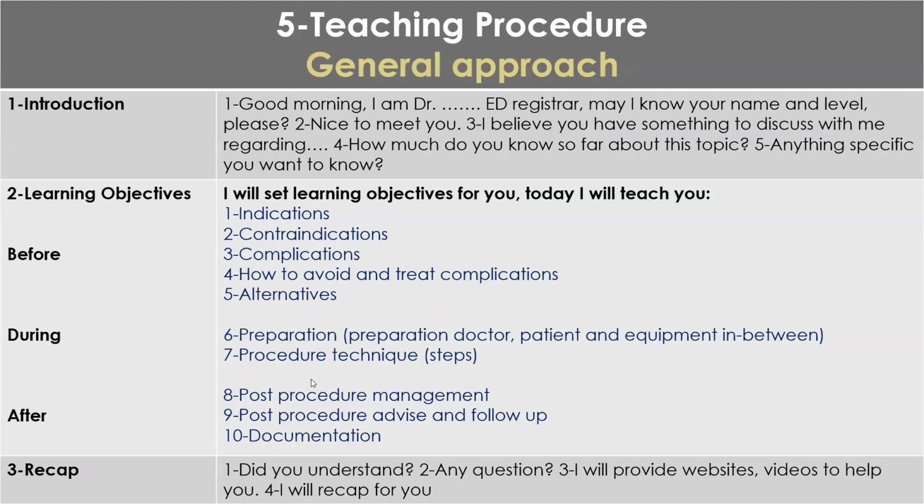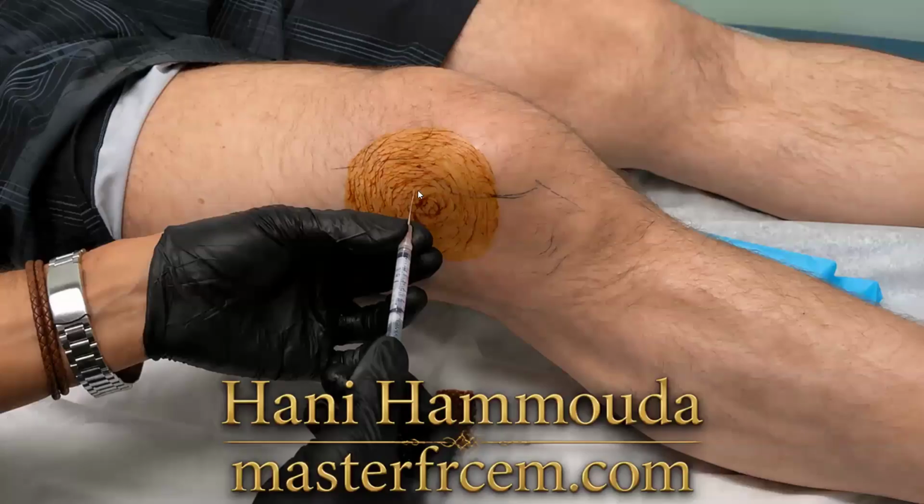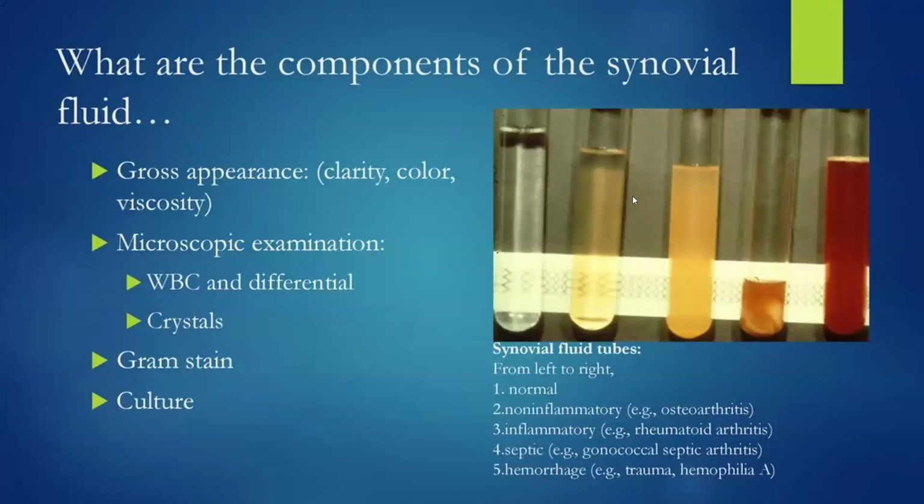Okay. So regarding the steps, you will clean as usual, cover with drapes, inject lidocaine anesthesia, wait for 5 minutes, check numbness by forceps. And then you will insert the other needle, the long one, and then aspirate. Then you will send to the lab.